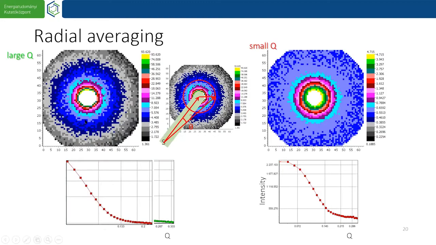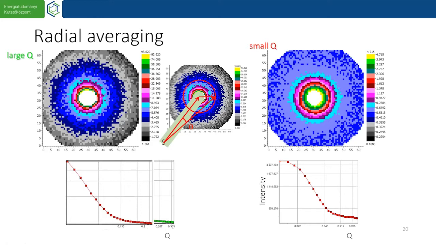Let's come back. So how do we process the data? We take this two-dimensional picture, and we see that it is more or less isotropic. First we must be sure that our sample is isotropic, which means that there is no preferred orientation. There can be many kinds of preferred orientations, but let's assume the simplest case. We have a liquid, and a liquid is in thermal equilibrium, so normally it doesn't have a preferred orientation.